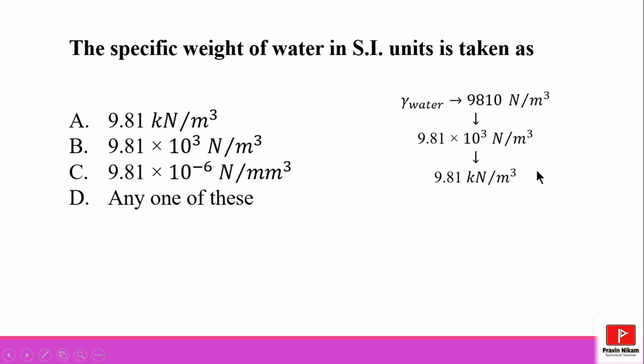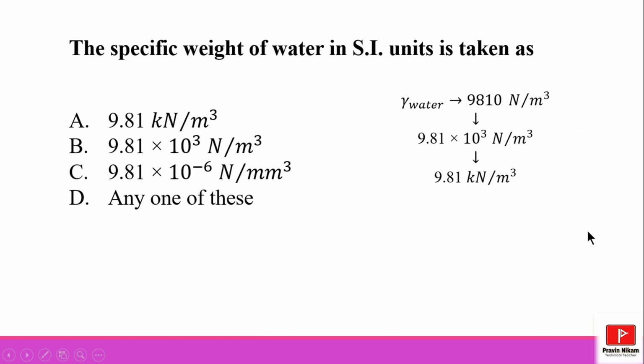Okay, so convert this 9.81 into 10 raised to 3 Newton per meter cube into Newton per mm cube. So how to convert? Multiply this quantity by 1 upon 1000 raised to 3. Because to convert this meter, which is in the denominator, into mm, you should write 1000 in the denominator, and the cube is there, so 1000 cube.